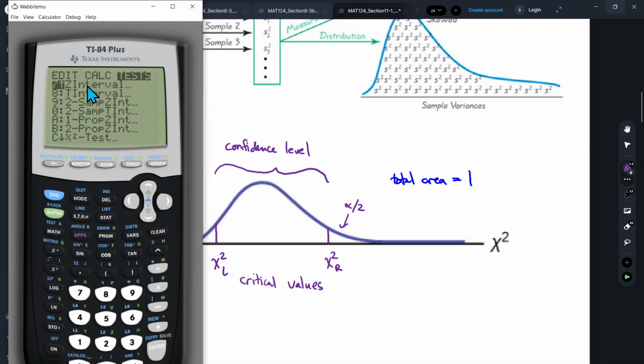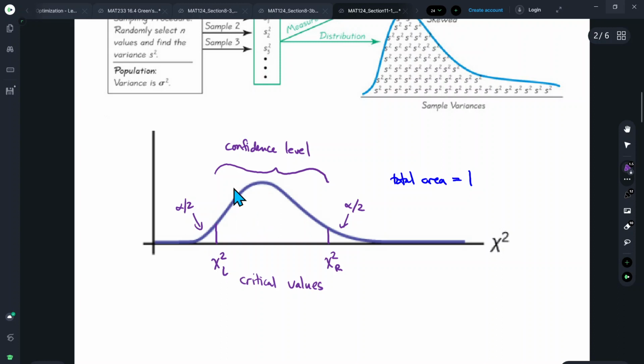Here, z interval is for the normal distribution, t interval is for the t distribution, and this one is for proportions, the normal distribution for proportions. There isn't one for the chi-square distribution, so we have to calculate it following this procedure here. We're going to obtain the left and right critical values.